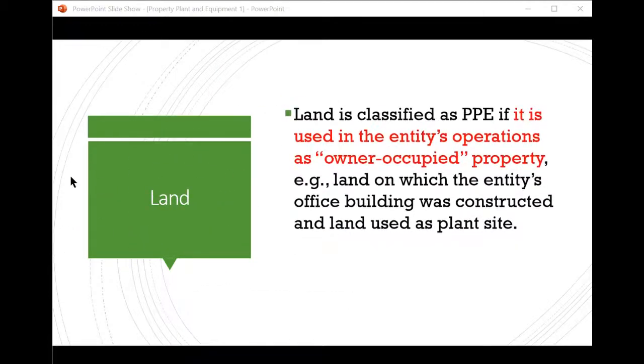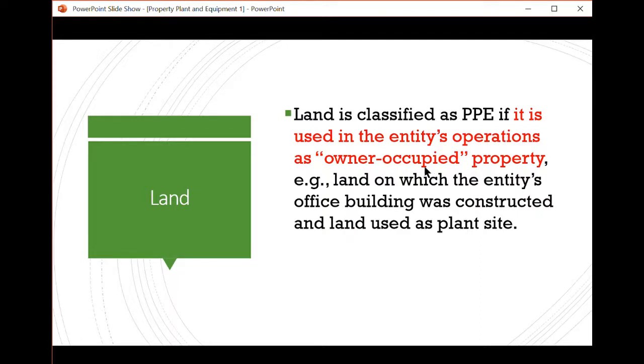So we have land. So the most common PPE is land. That is the property that is used in the entity's operations as owner occupied. So meaning dapat ang nagamit ana is ang entity, and it is again katong iyahang definition for a PPE. It should be used for the production, or it could be for administration purposes or for selling the goods of the entity.